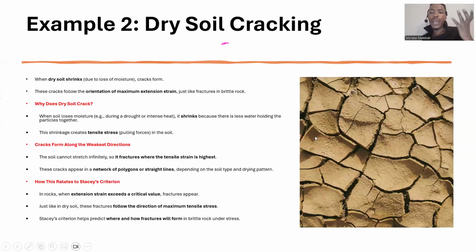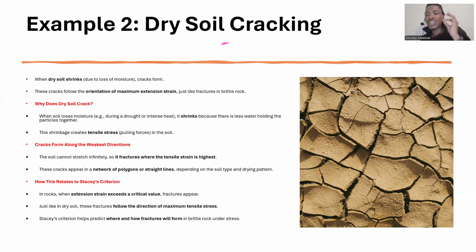And the other example is mud cracks. We know that soil in arid regions, when we have high temperatures, the mud will lose its moisture content, and with time it will start to shrink, because there is less water holding the particles together.